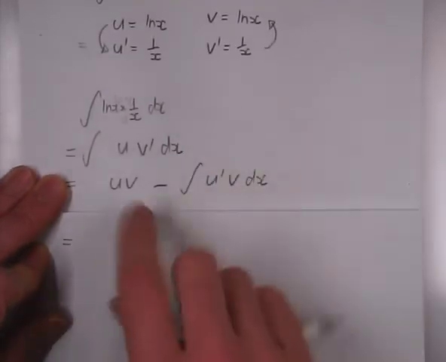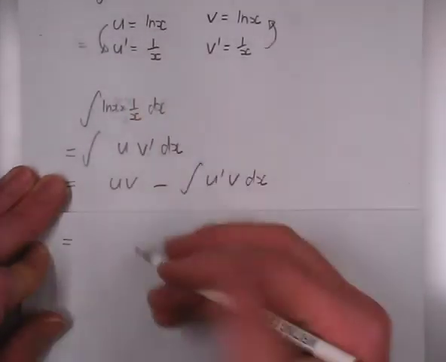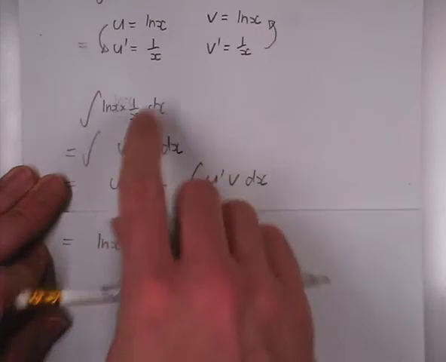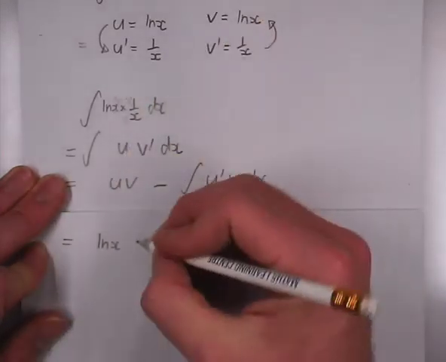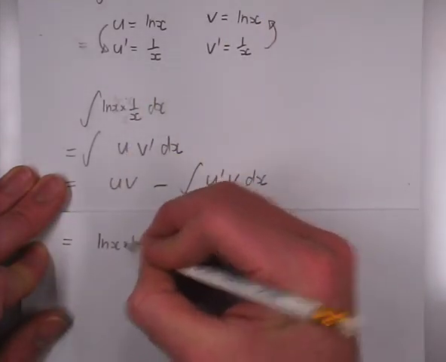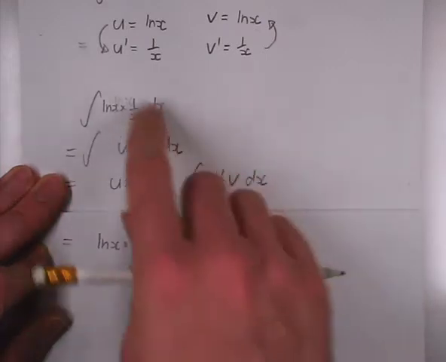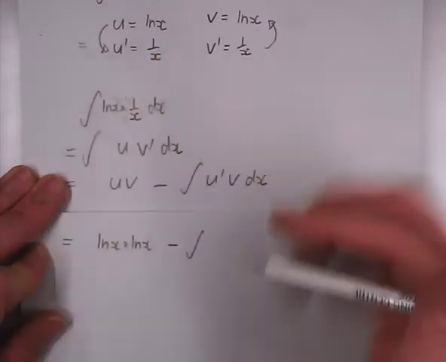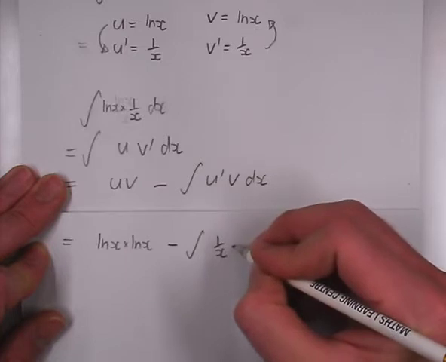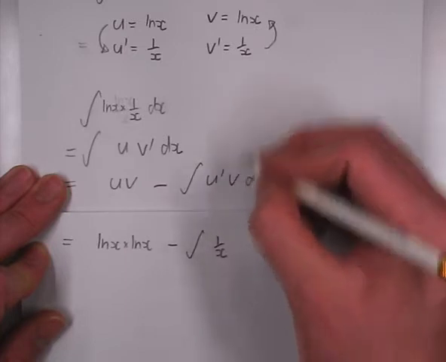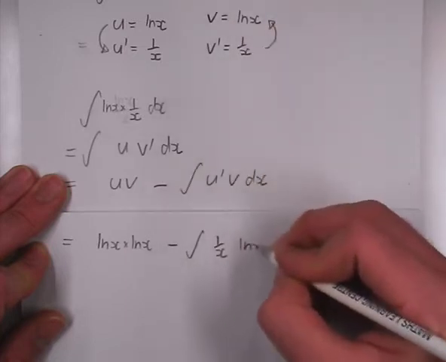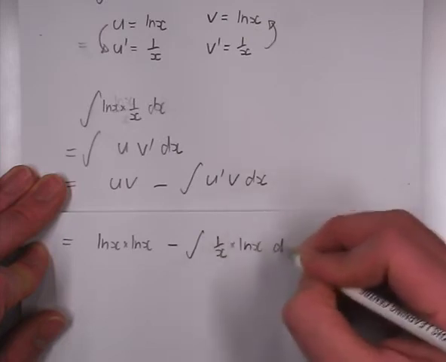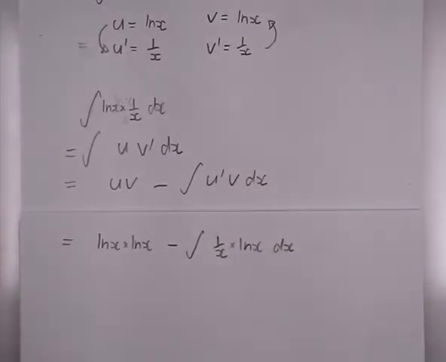So let's see, u is in fact equal to ln x, and v is also equal to ln x, and u dashed is 1 on x, and v is ln x. This is not looking good. That's not very nice, is it?